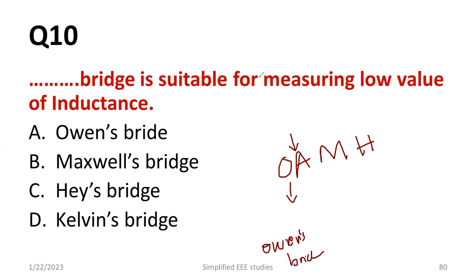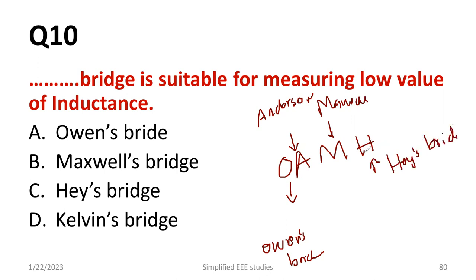A means Anderson bridge. M stands for Maxwell's bridge. H stands for Hay's bridge.